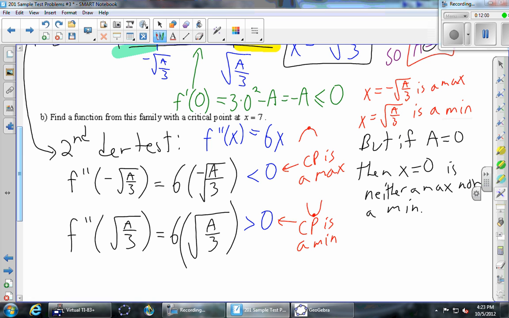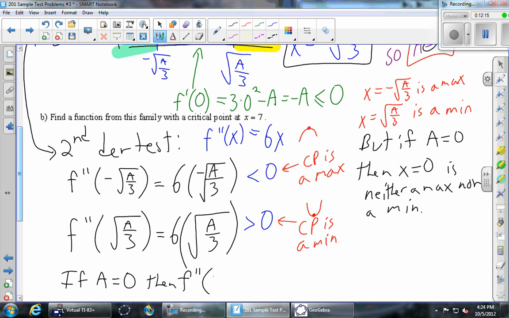What about that funny business over here where we said a was equal to 0? Okay, if a is equal to 0, then f double prime of either the plus or minus root a over 3.